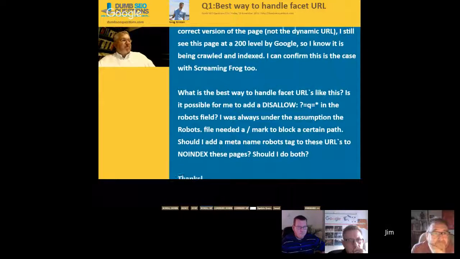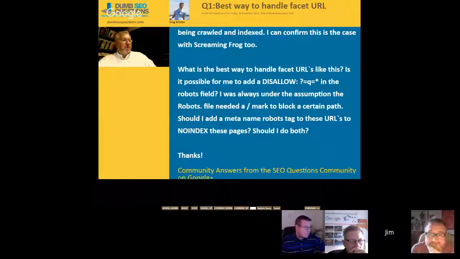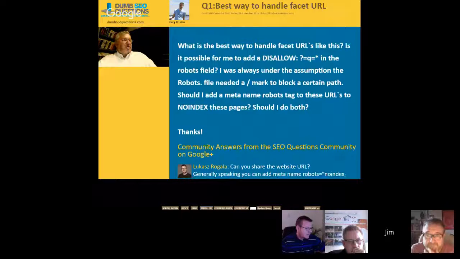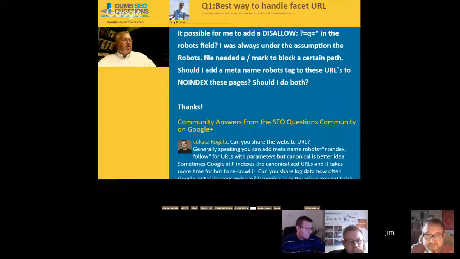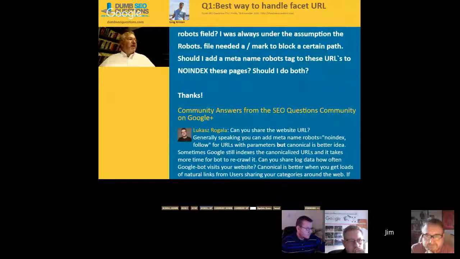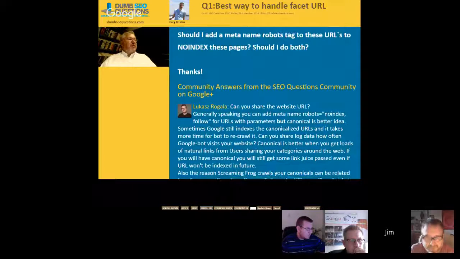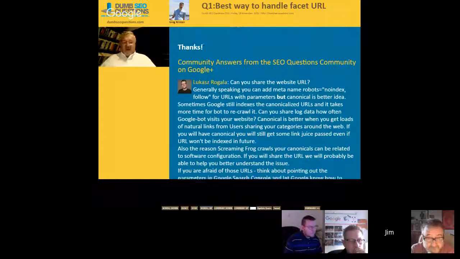Is it possible for me to add a disallow in the robots file? I was always under the assumption that the robots file needed a slash to block a certain path. It certainly does. Should I add a meta name robots tag to these URLs to noindex pages? Should I do both? Thanks.